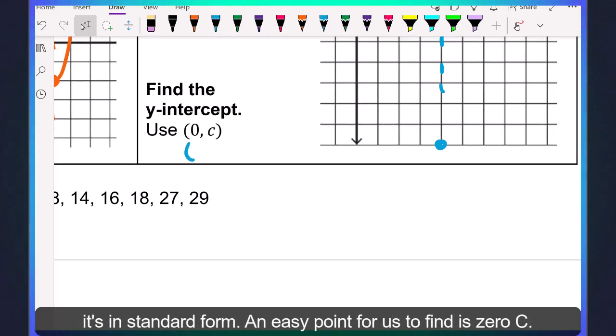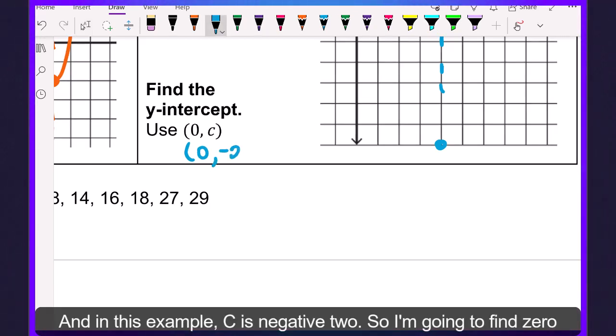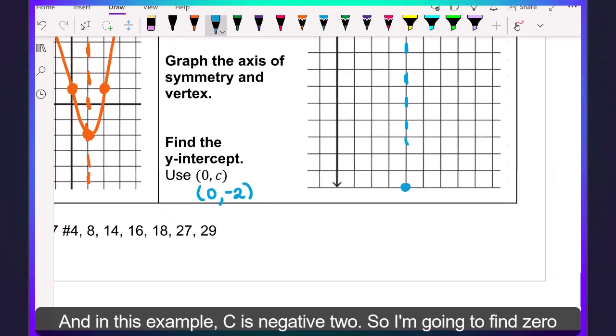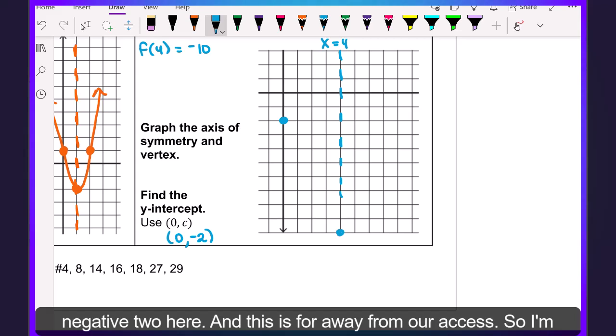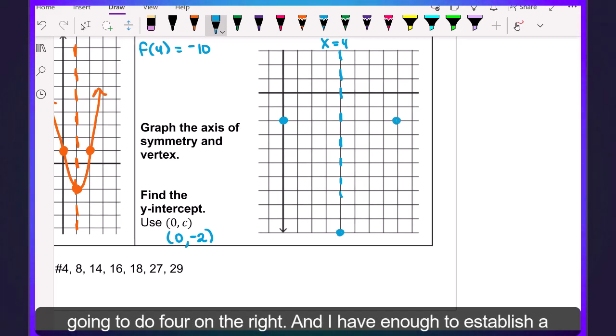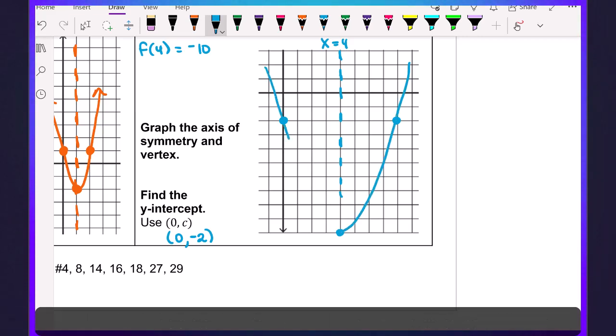An easy point for us to find is 0, c. And in this example, c is -2. So I'm going to find 0, -2 here. And this is 4 away from our axis, so I'm going to do 4 on the right, and I have enough to establish a curve of the parabola.